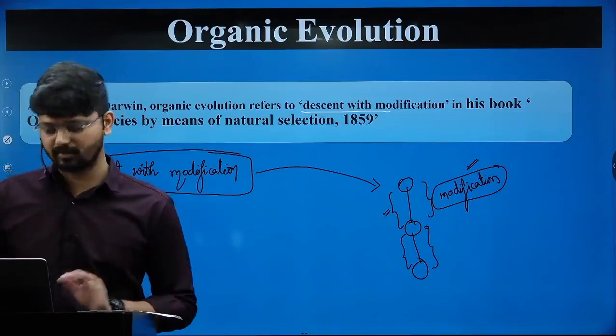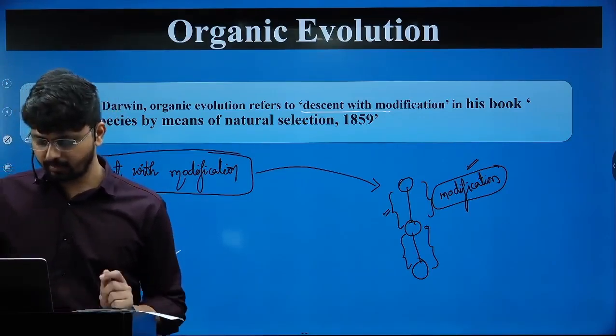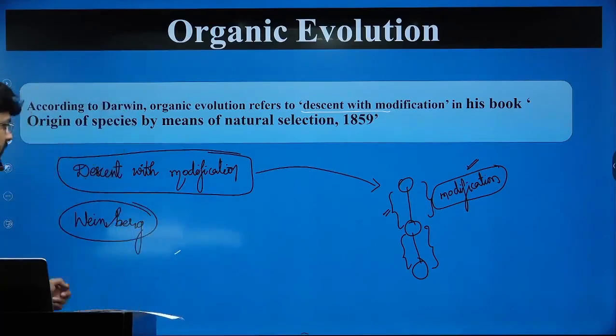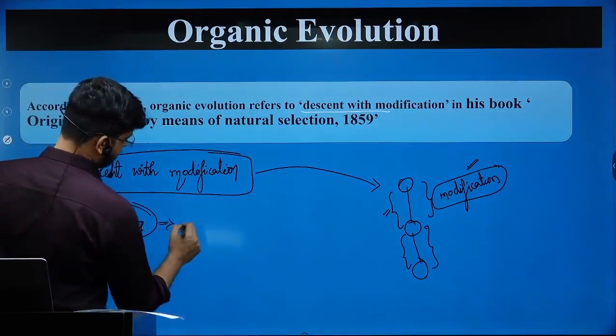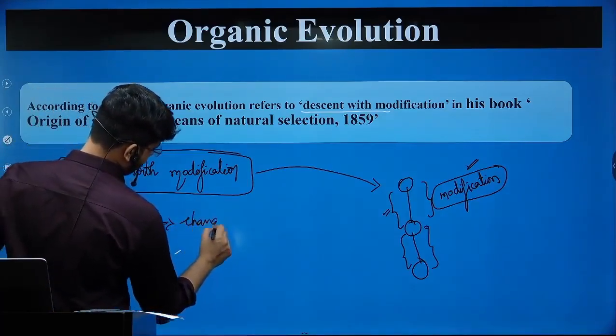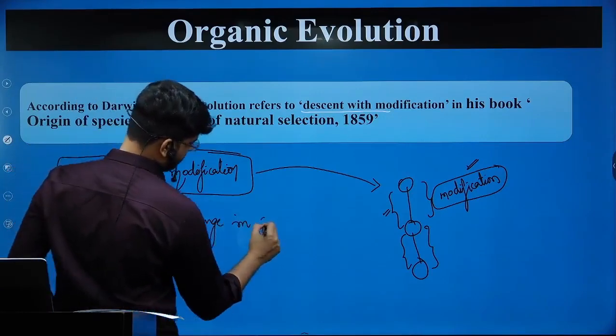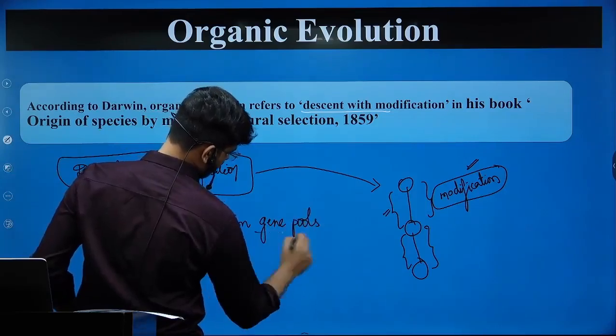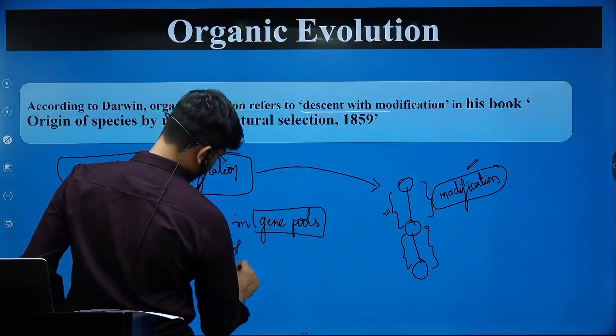Write down one or two definitions. And Weinberg depicts it as change in gene pools of population.